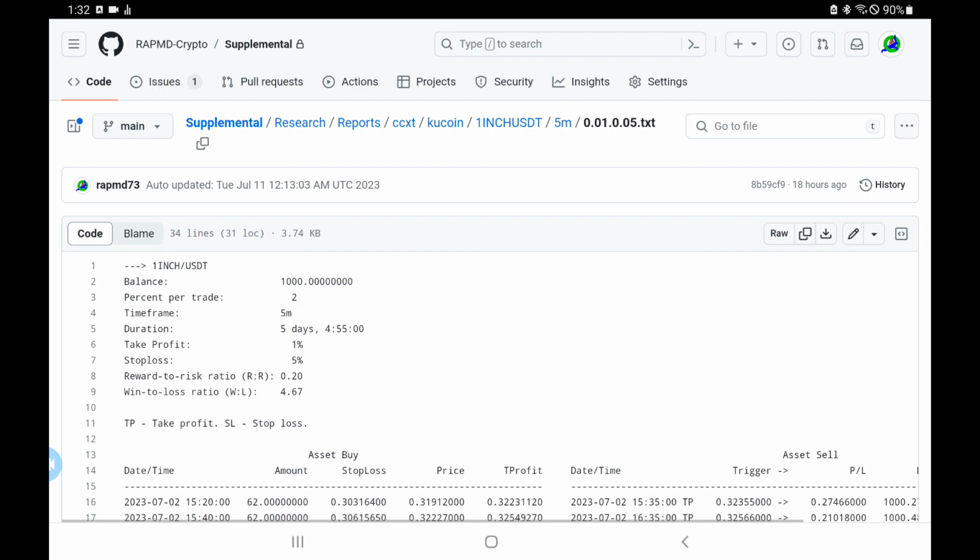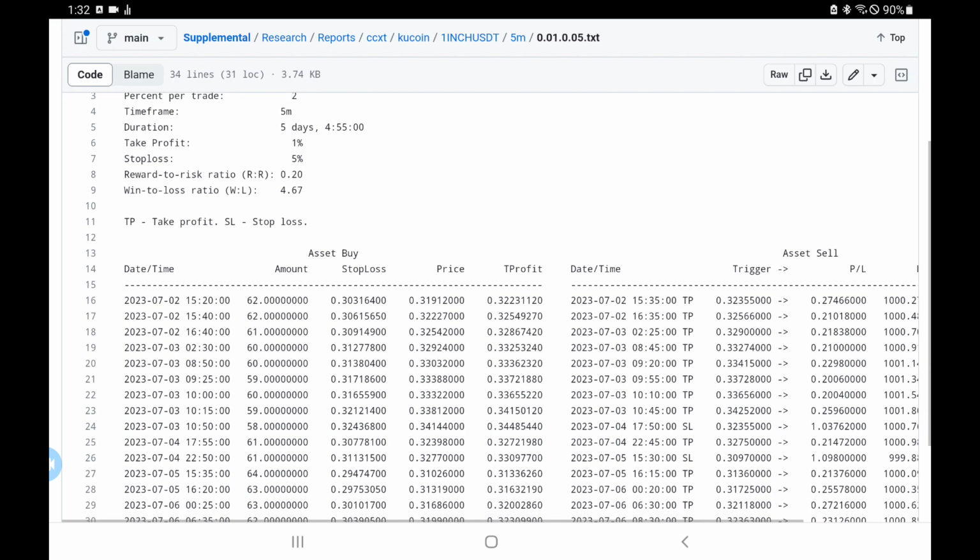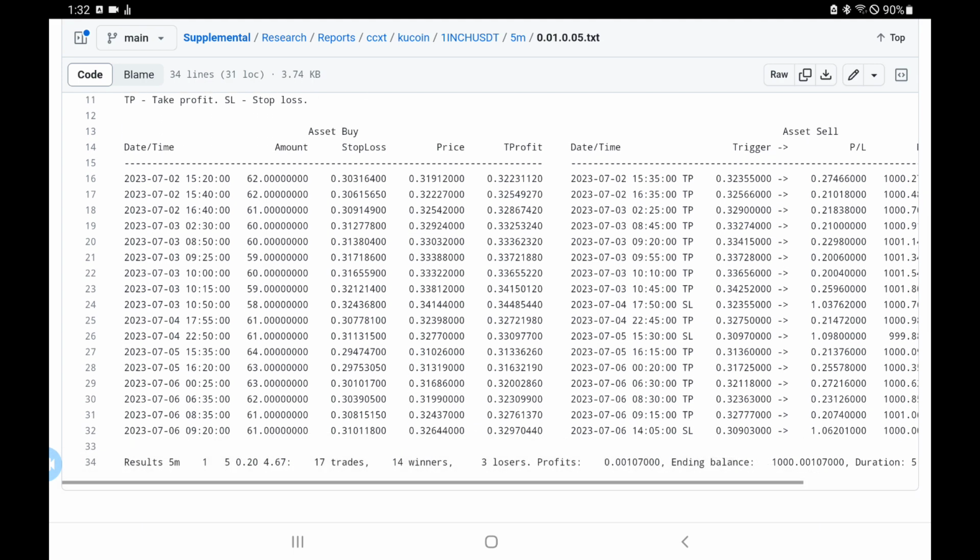For example, here, a win to loss ratio of 4 to 1. It takes a stop loss. It takes take profits. And in the end, the stop losses actually hurt. 17 trades, 14 winners, 3 losers. But even though you're giving up some money because of the stop losses, only 3 losers.